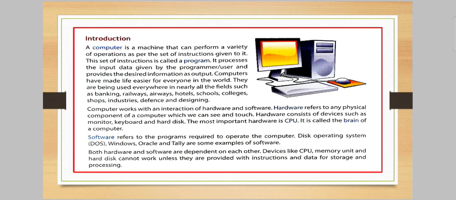And Unix operating system, DOS is a system software, Windows is a system software, Oracle is a database software. Okay, these are the example of software. Both hardware and software are dependent on each other. Devices like CPU, memory unit and hard disk cannot work unless they are provided with the instruction and data for storage and processing.